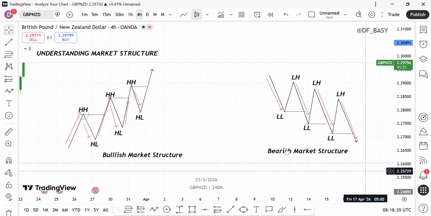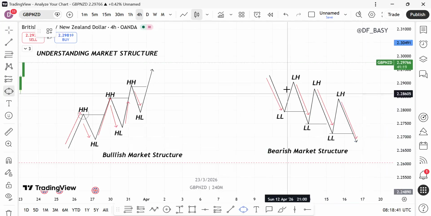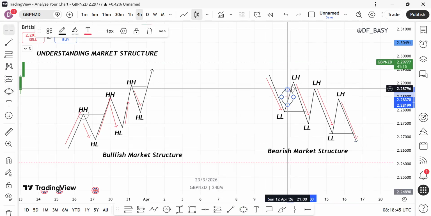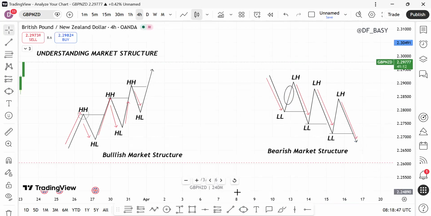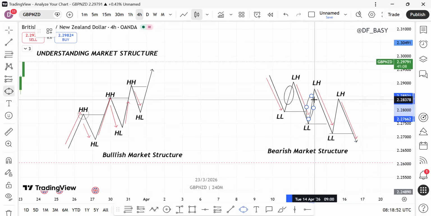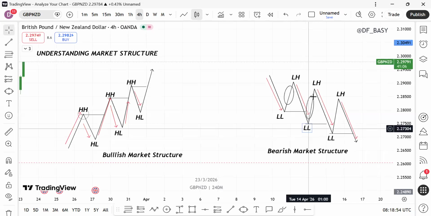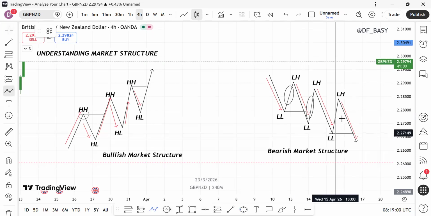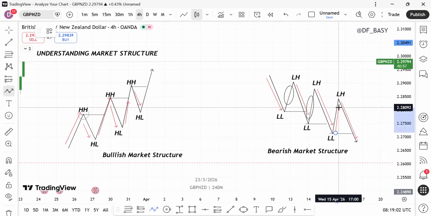Now, look at this. Where is the corrective move? This is the corrective move. That is the corrective move. See that leg? That's the corrective move. See this pushing the market up against the trend? It's the corrective move.